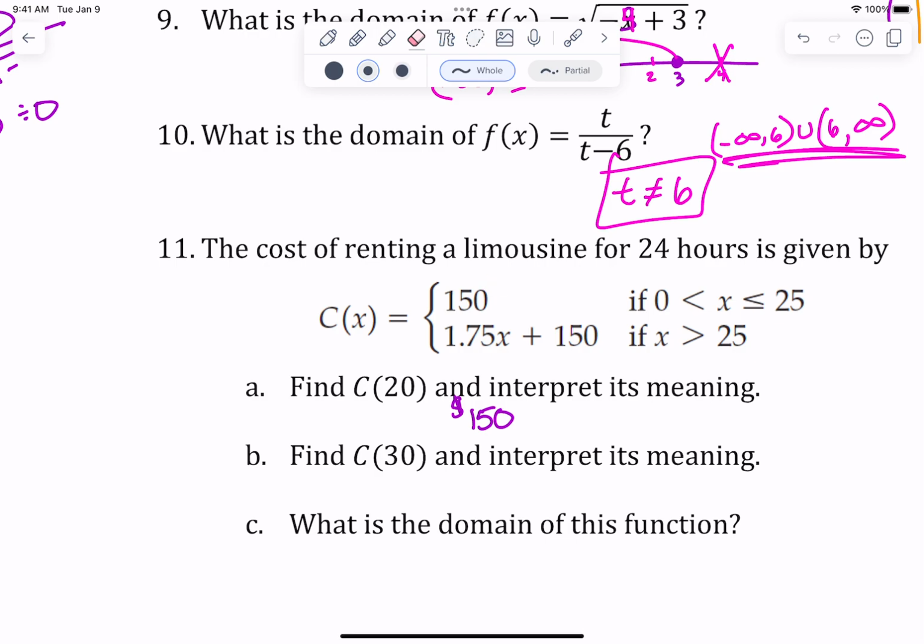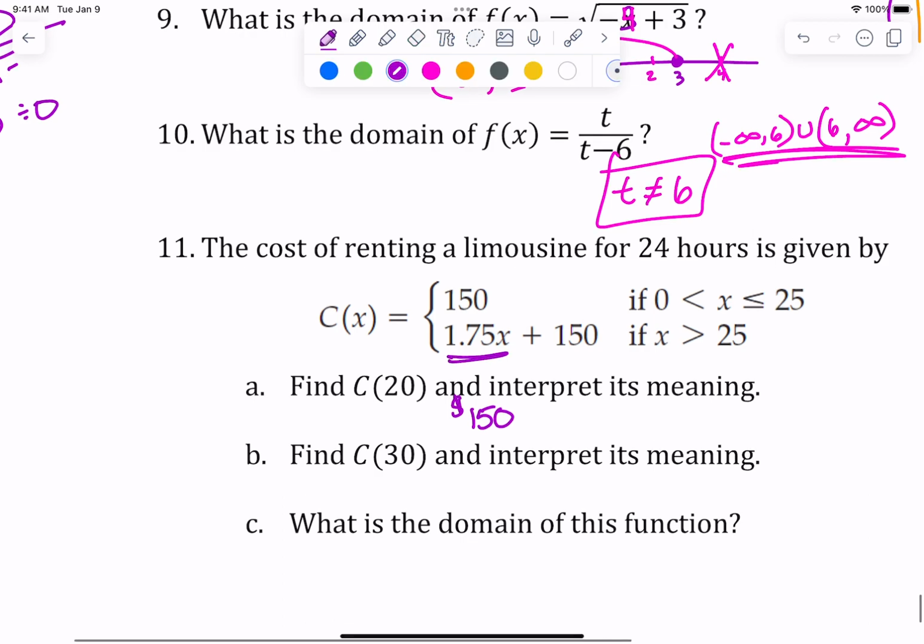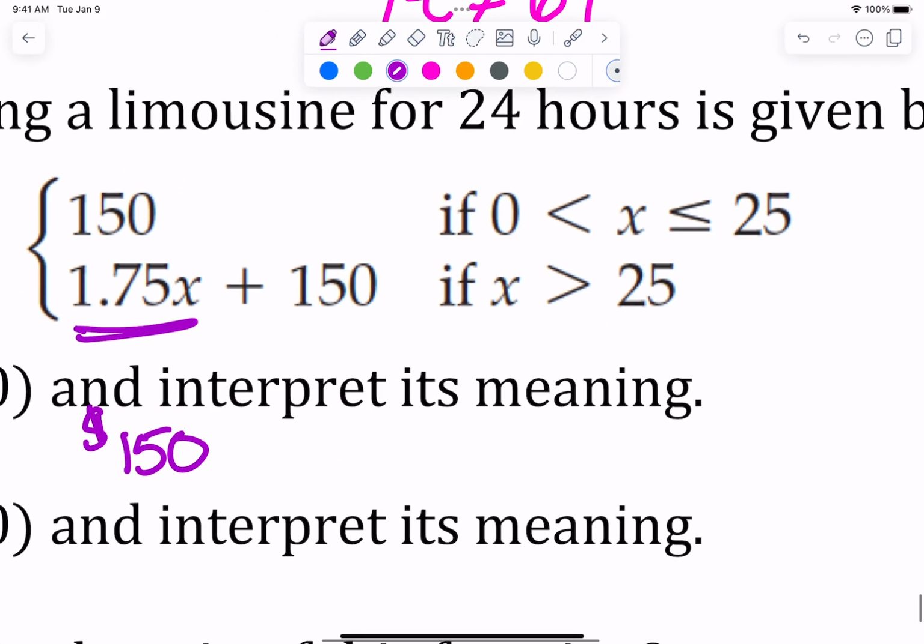If we go more than 25 miles, we're going to be charged $1.75 per extra mile that we go. So X is representing miles. It doesn't say that, it should say that, but X is representing miles. If we drive 0 up to 25 miles, we're going to pay 150 bucks no matter what. If we drive beyond 25 miles in that limo, they're going to charge us $1.75 extra per mile that we go. Does that make sense?